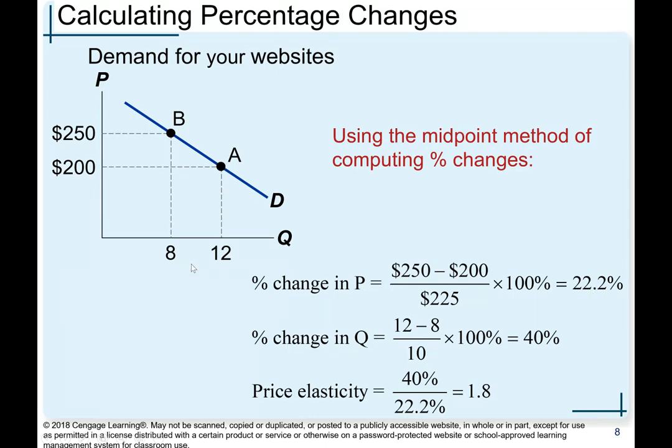The percentage change in quantity is 12 minus 8 divided by 10. 10 is the average of these two, and you multiply by 100, that gives you 40%. Therefore, price elasticity is 40% divided by 22.2%, which is 1.8, and that number remains the same whether price is increasing from 200 to 250 or decreasing from 250 to 200.